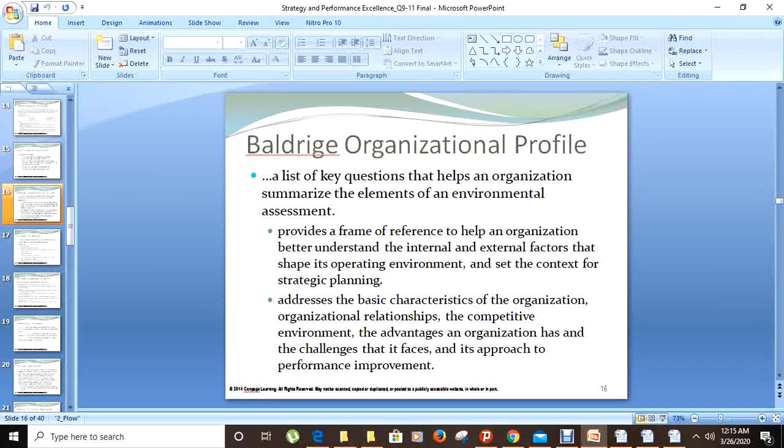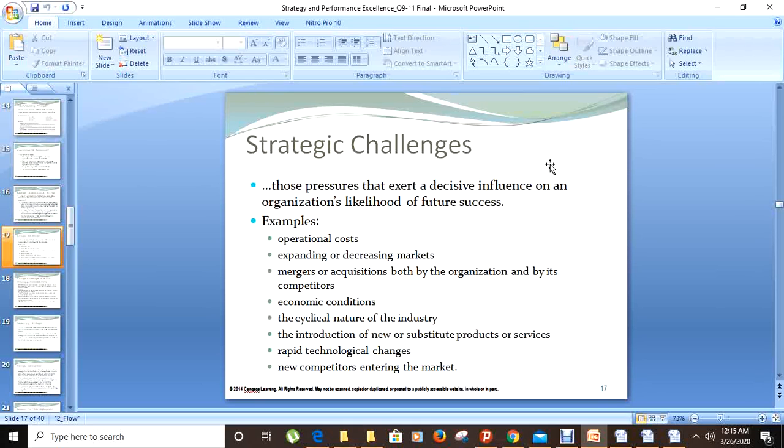It addresses the basic characteristics of the organization, organizational relationships, the competitive environment, the advantages an organization has, the challenges that it faces, and its approach to performance improvement. Remember, improvement is very, very important as far as the Baldrige organizational profile is concerned.